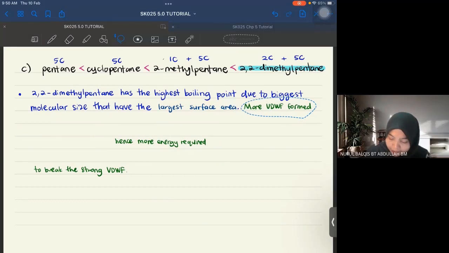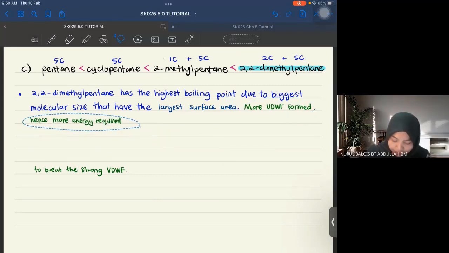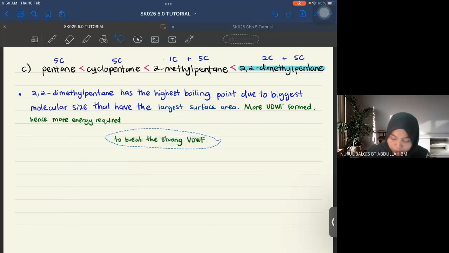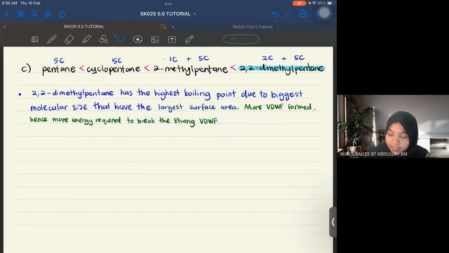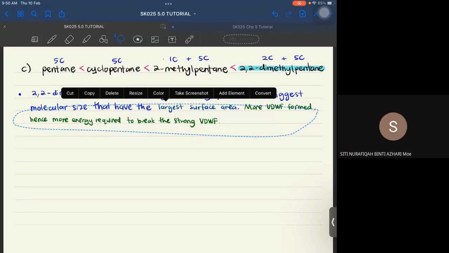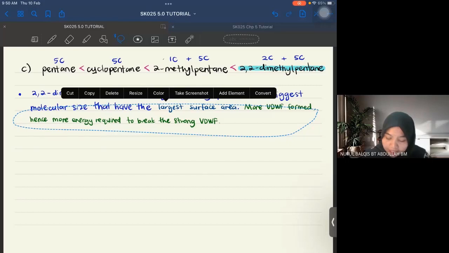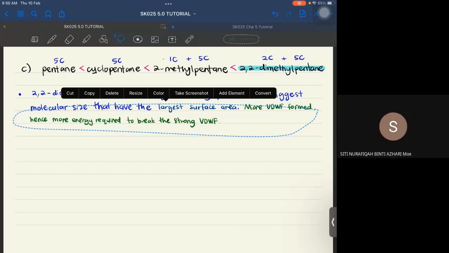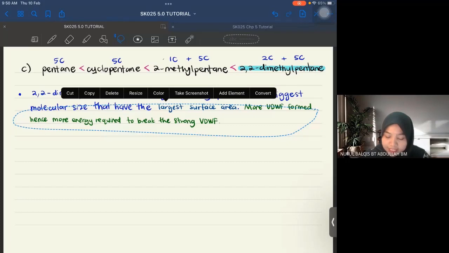Okay, itu methyl pentane pula nak cakap macam mana? Seorang-seorang juga. Kenapa kita tak compare dia dengan 5 dengan 6? Kan boleh compare. Sebab number of carbon dia lain. Okay, tapi awak boleh cakap dia punya saiz lagi besar kan?